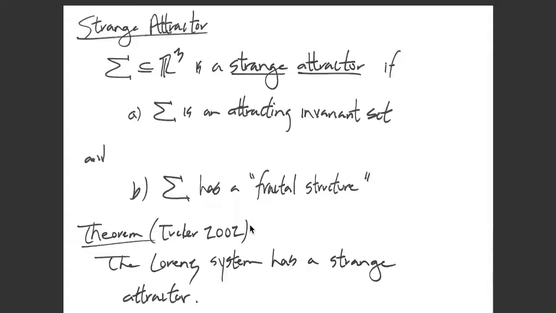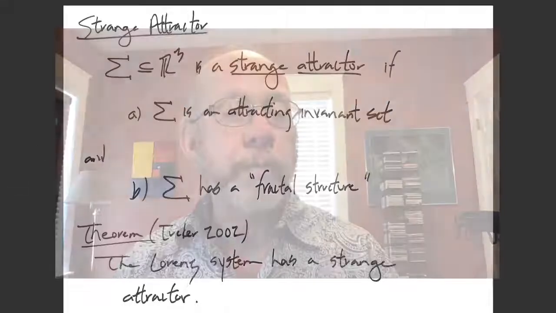And it turns out it was proven in 2002 by Tucker, a mathematician, that the Lorenz system indeed has a strange attractor. And that is actually also true for the Rossler system. Mathematicians didn't greet this theorem as big news.